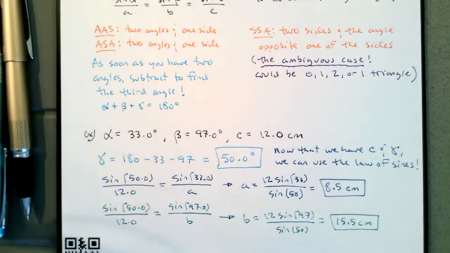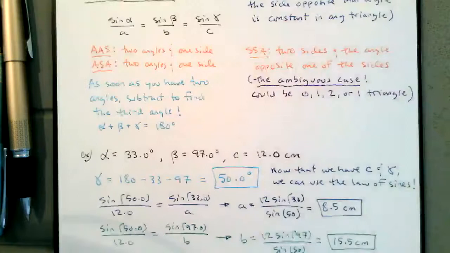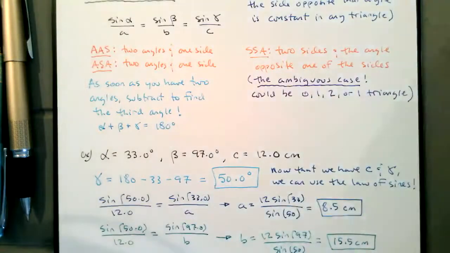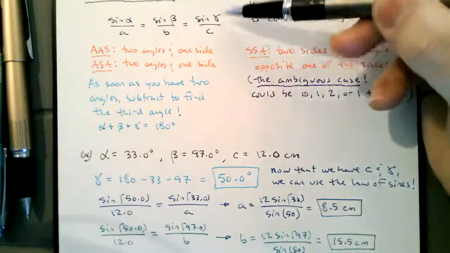The way that you want to think about solving oblique triangles is the biggest decision comes from how do you get that fourth piece of information? And then you want to try to default to use the law of sines whenever you can. The law of sines requires opposite information.